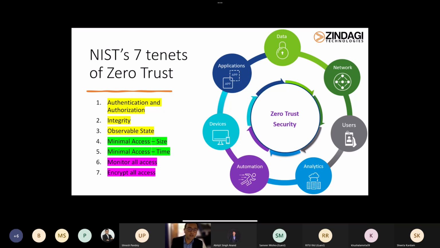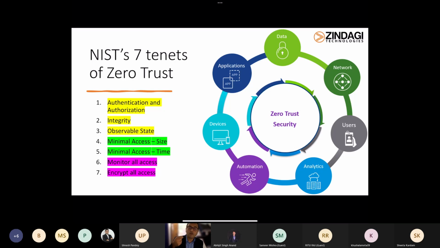What is not obvious is the last one, which is the number 3, which is observable state. Now, observable state is similar to integrity. The difference is that it deals with the characteristics and the behavioral attributes that an organization wants to evaluate, right? The contextual information. You will be allowed to access a certain set of resources only if you are meeting the behavioral attributes which I have defined in my policy.